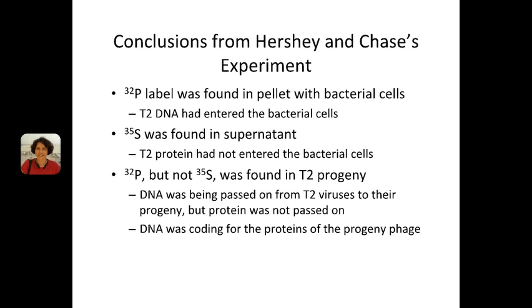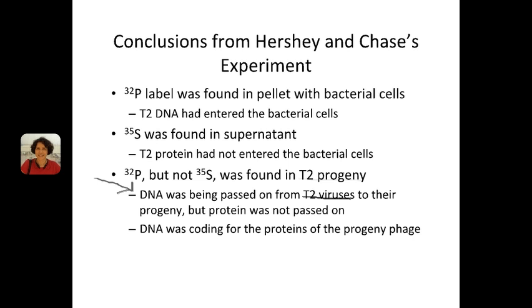None of the progeny phages had S35 in their protein. So the P32 but not the S35 was found in the T2 progeny. What that points to is that the DNA was physically being passed from the infecting T2 viruses to their progeny.